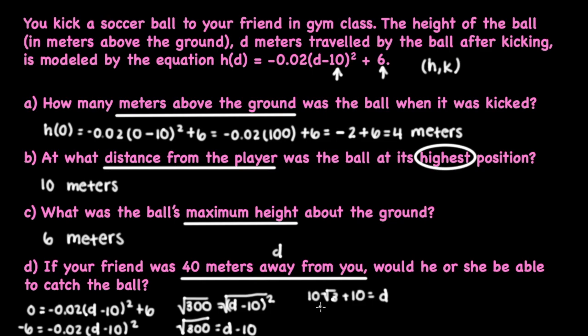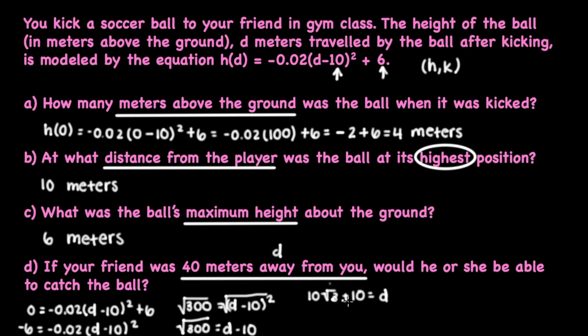Now, 10 square root of 3 is less than 20, because we know that square root of 4 is 2.